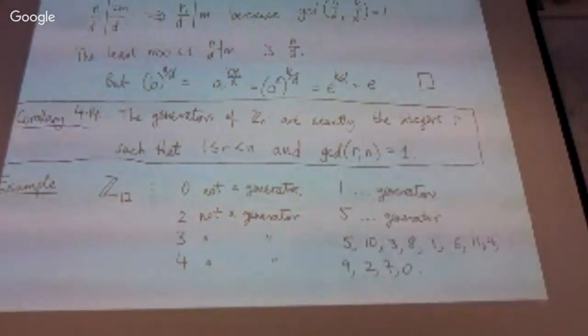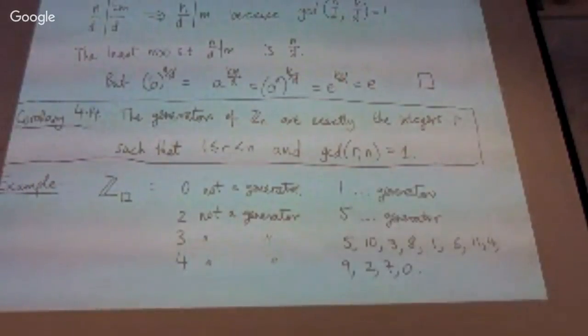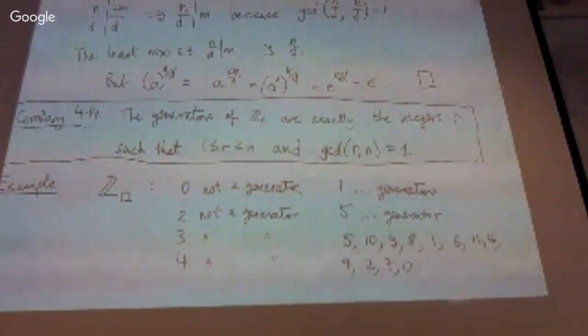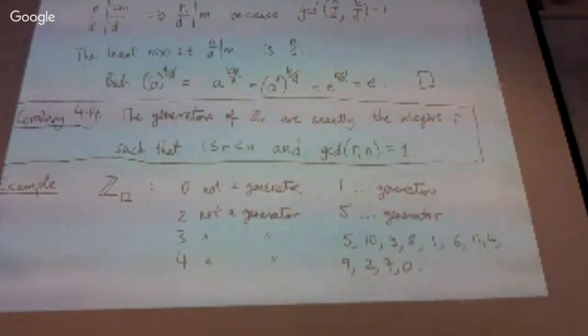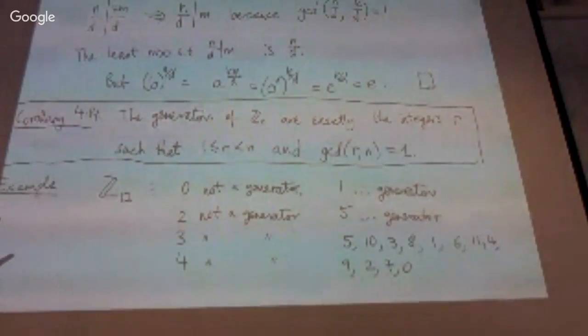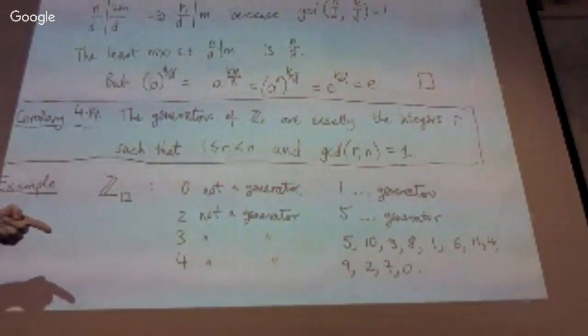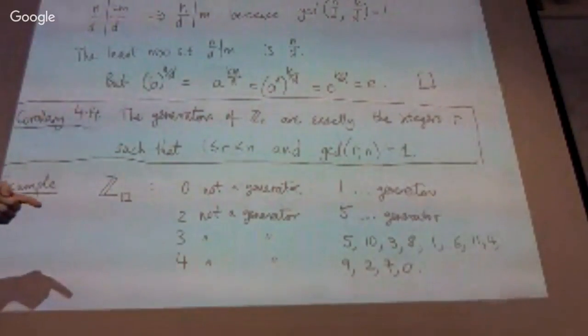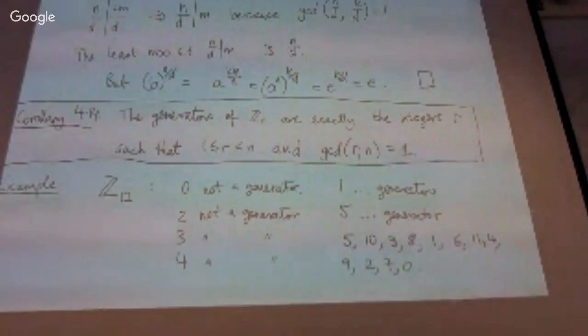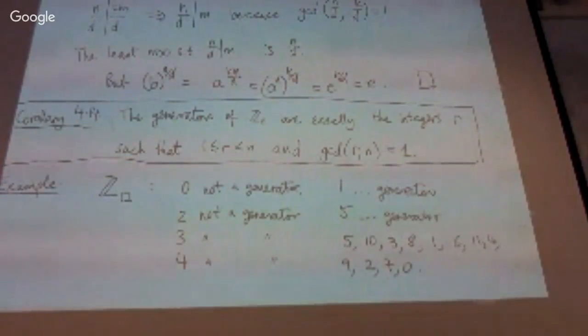So if I have something that is relatively prime to n, I get a generator. Otherwise, I only get some of the n. So 2, 3, 4 are not relatively prime to 12. 1, 5, 7, 11, that's it. Those are the generators of Z12.